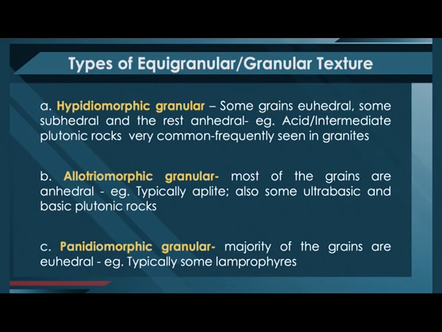There are different varieties of equigranular or granular textures. These are mainly 3 types: hypidiomorphic granular, allotriomorphic granular and panidiomorphic granular. In the case of hypidiomorphic granular, some grains are euhedral, some are subhedral and the rest are anhedral.